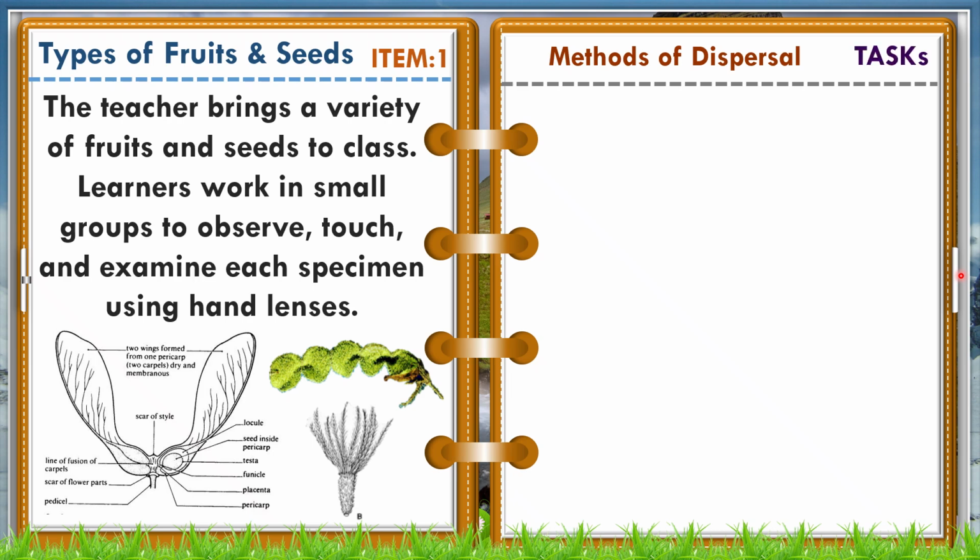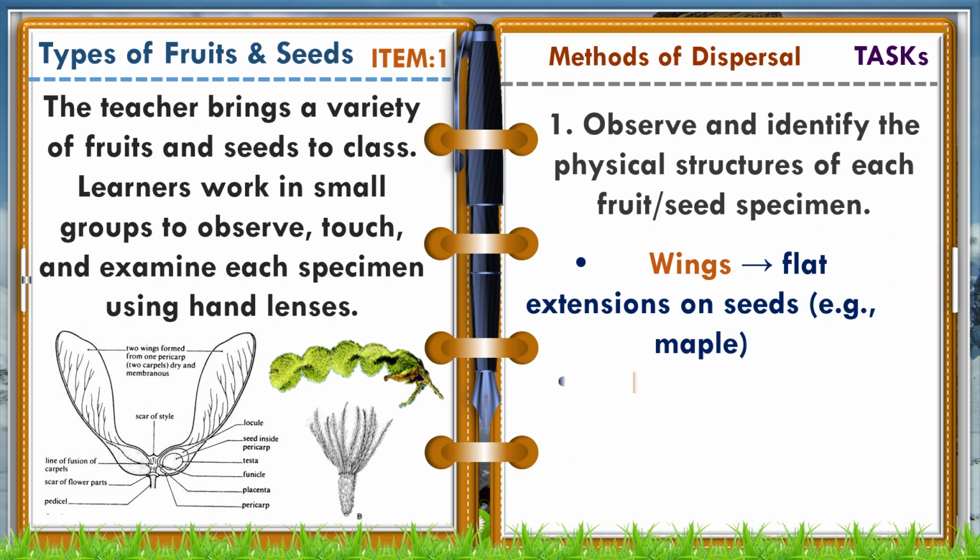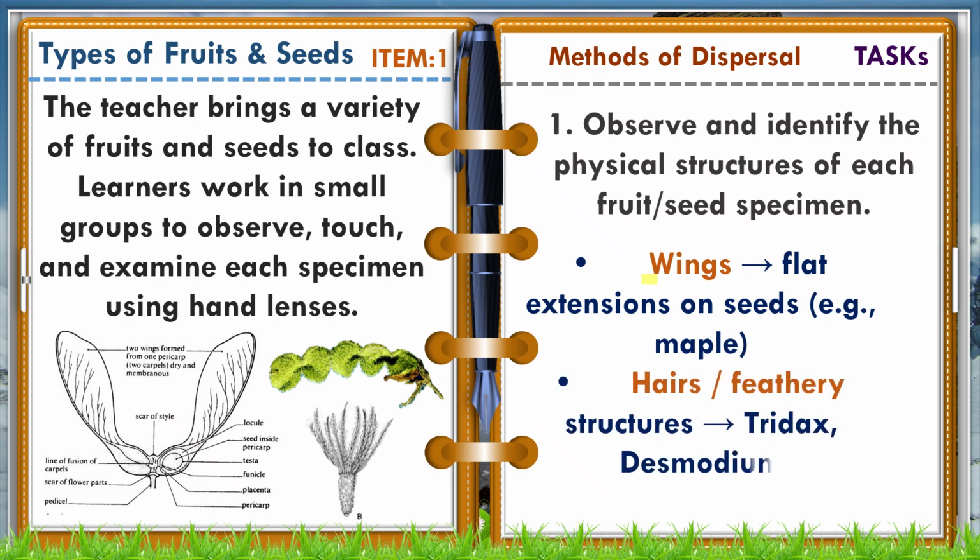Task: observe and identify the physical structures of each fruit or seed specimen. We have the wings. They are flat extensions on seeds.